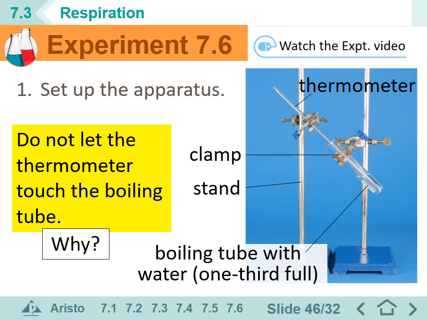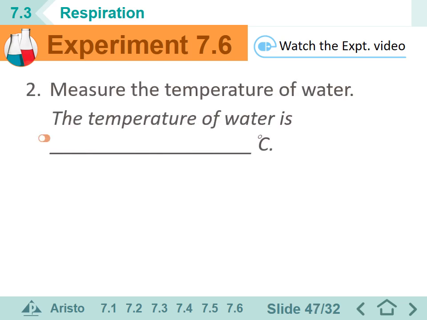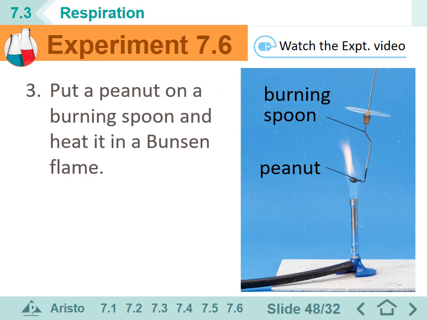Because the temperature of the boiling tube may not be equal to the temperature of the water. We measure the initial temperature of the water, for example, 25. Then put a peanut on a burning spoon and heat it in a Bunsen flame.